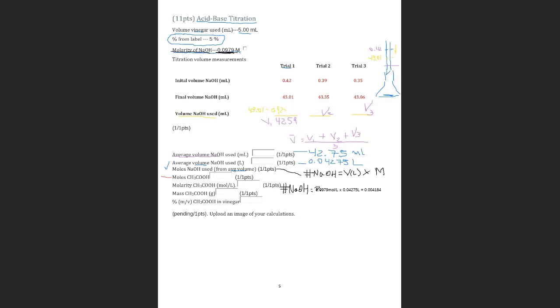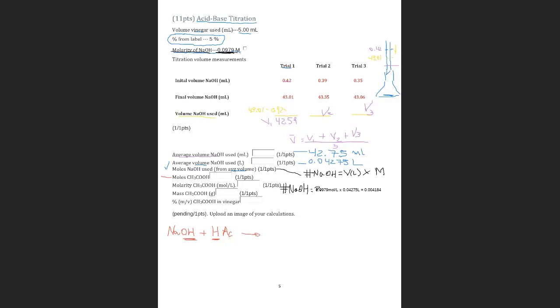And you perfectly know that in the titration, you have a base, sodium hydroxide, that reacts with the vinegar. I'm going to abbreviate acetic acid as HC because it has only one H, and sodium hydroxide has only one OH.